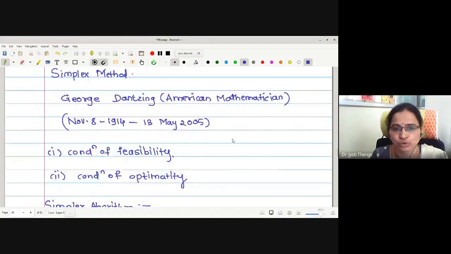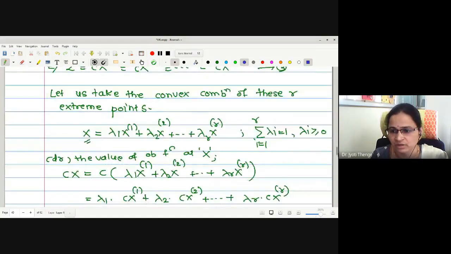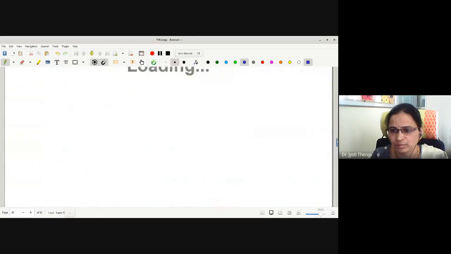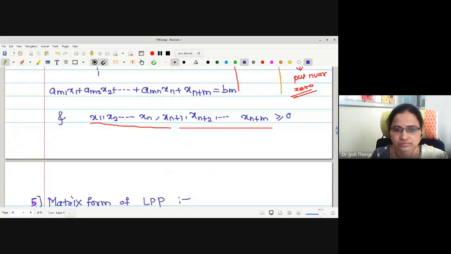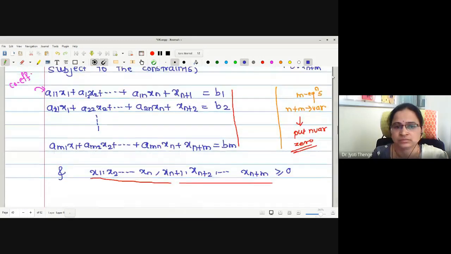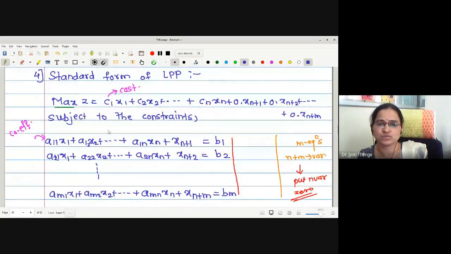Let us have a look at the equations which we have taken in the day before lecture. This is the standard form we have observed, where the inequality constraints are converted to equations. Here these are the added variables.